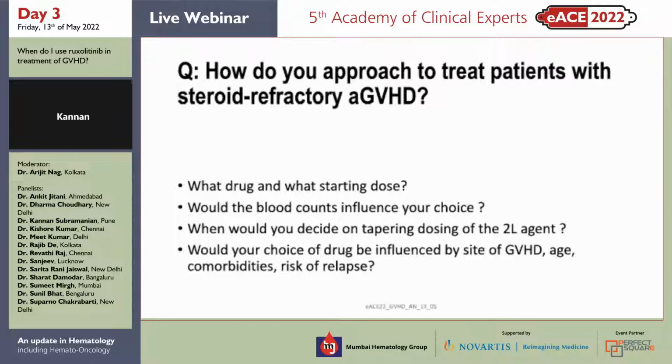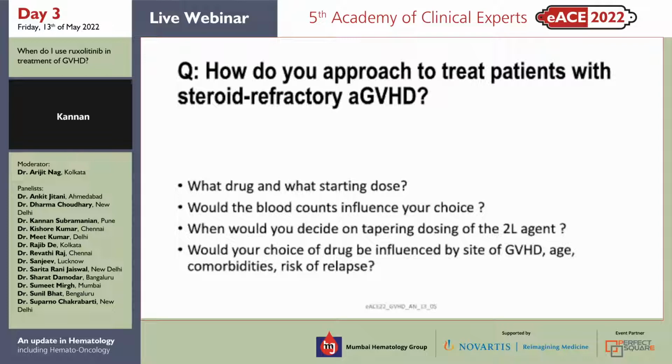The second line agent depends, because many of these patients will be on other drugs, say mycophenolate and steroids. The steroid we would prefer to taper off much faster while continuing the Jakavi at full dose. And we also try to come off mycophenolate if that is on.